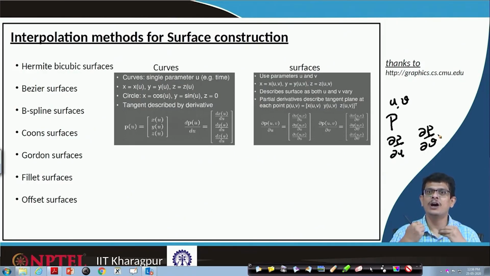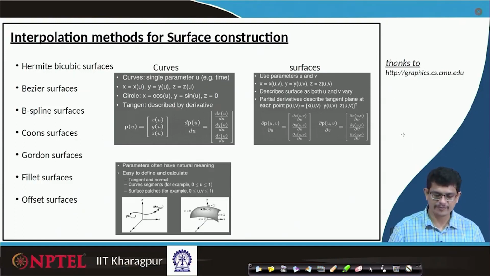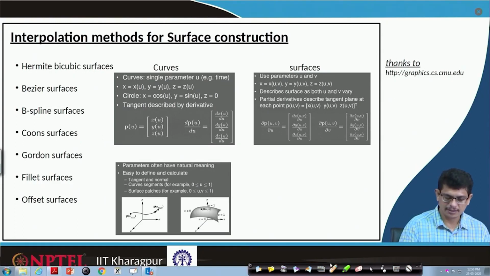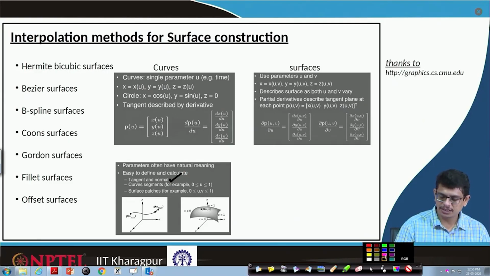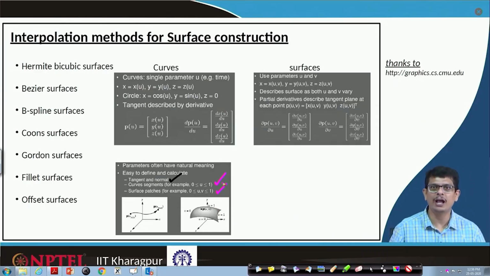What is the best way of representing that? That is the whole objective of this surface construction. Some of the essential information one should really know is about tangents and normals, and what is the range of these u and v information one will be having.